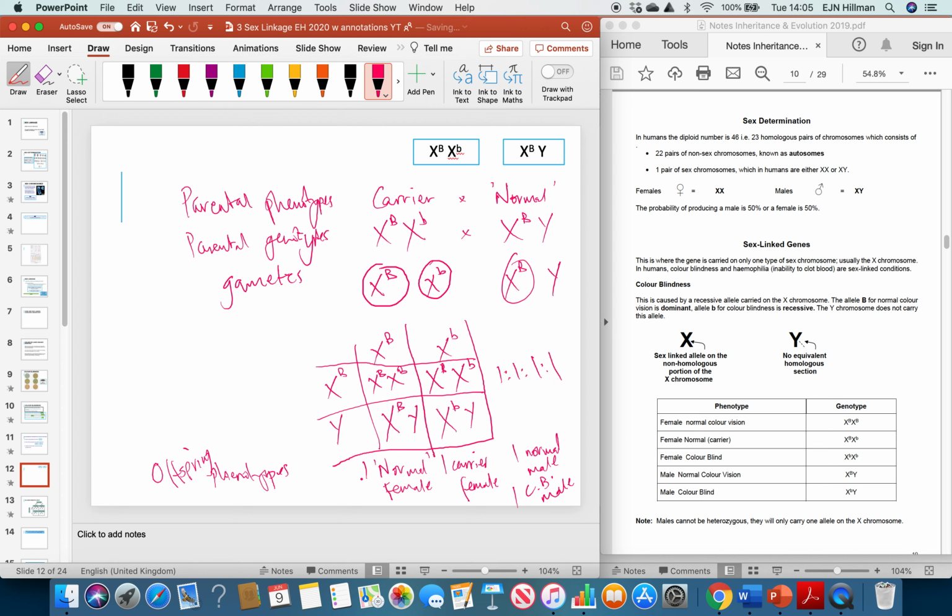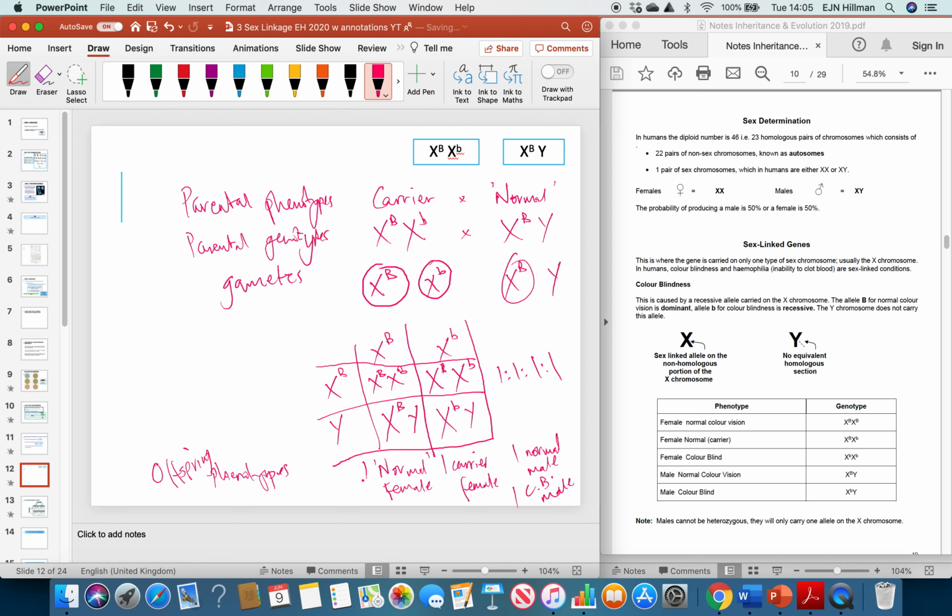You must include the actual ratio, so the number, as well as the phenotypes of normal and female. Carrier is a phenotype, female is a phenotype, normal is a phenotype, male is a phenotype, colourblindness and male, both phenotypes. Include all of that in your responses.